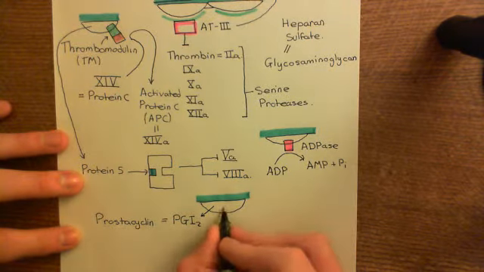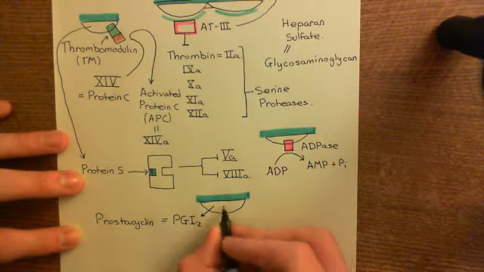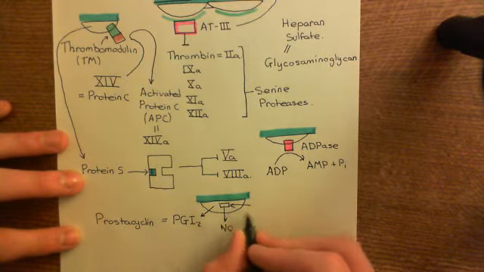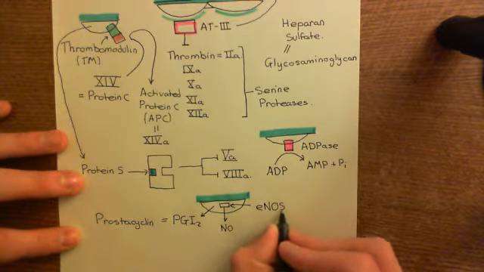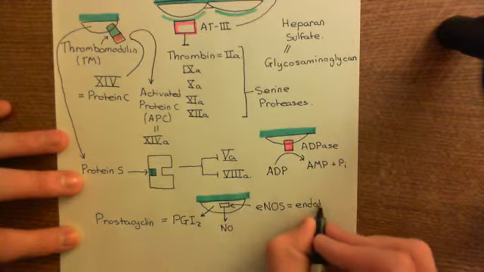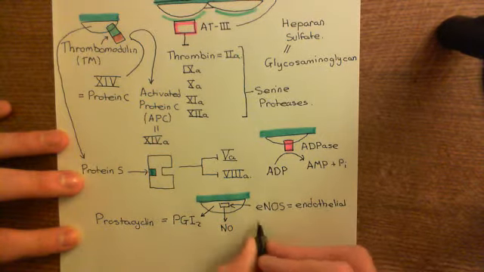Now they also produce nitric oxide, NO, and this is produced by the enzyme, which I'll draw here, called endothelial nitric oxide synthase, or eNOS for short. The E stands for endothelial, and NOS stands for nitric oxide synthase.